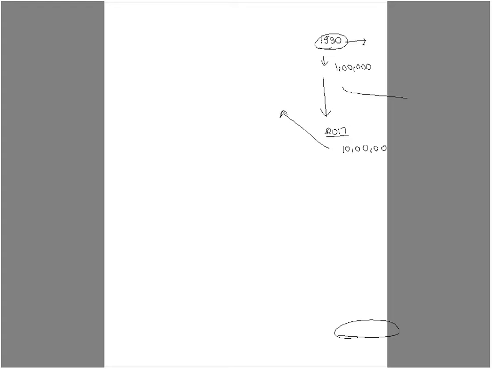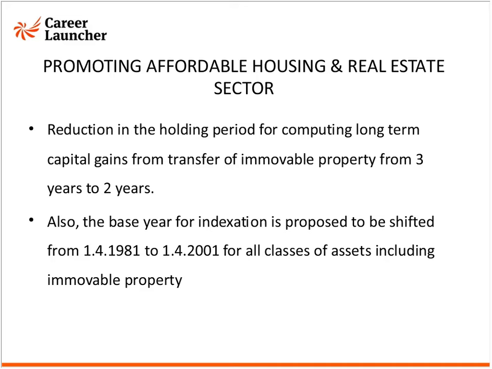So if in 1998 your cost of property was 2 lakh, your capital gain would be 10 lakh minus 2 lakh. But now they are shifting this to 2001, which means you are increasing the denominator on which basis you will calculate your capital gain tax.